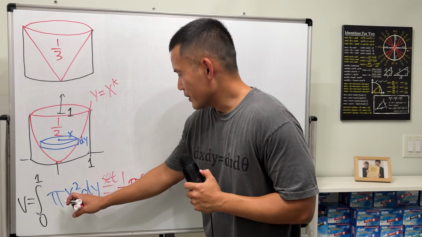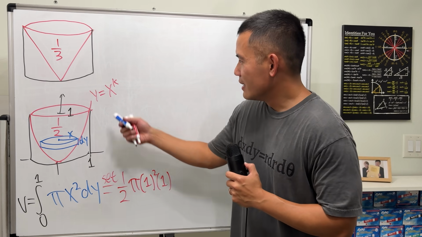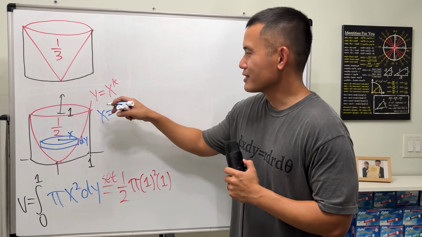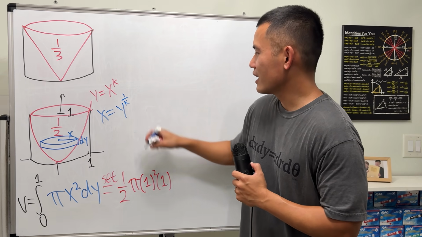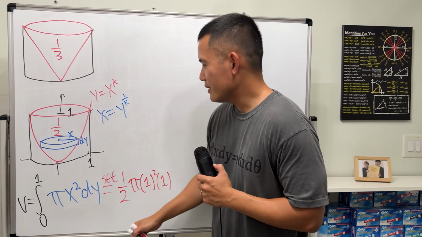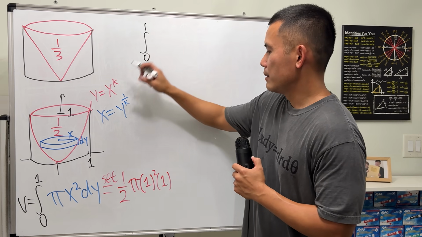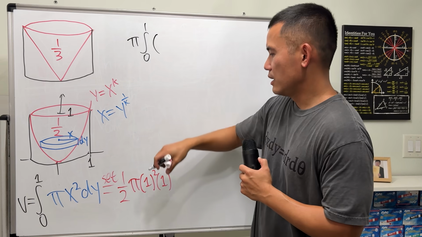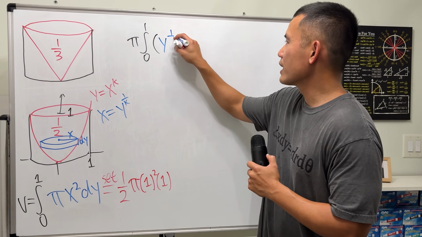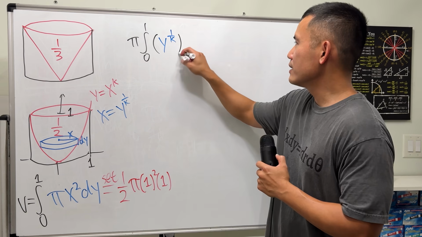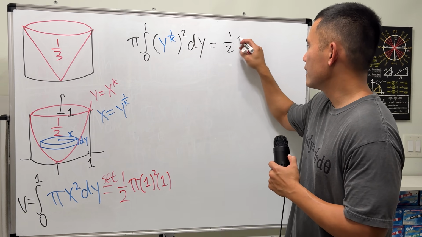Alright, so now, if you look at this, I need to solve for x in terms of y. Let's look at this and raise both sides to the 1 over k's power. So it's y raised to the 1 over k. Put that here. So we are looking at the integral from 0 to 1. Put the pi to the outside, and then x is y to the 1 over k, and then squared, and then dy, and that is equal to half pi.